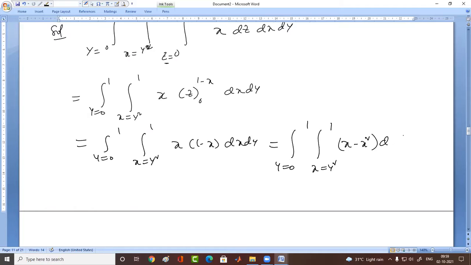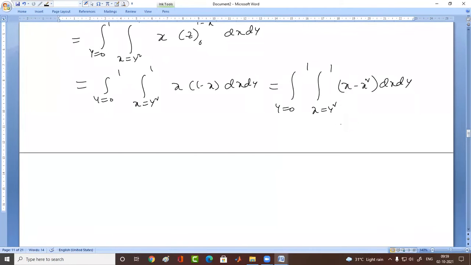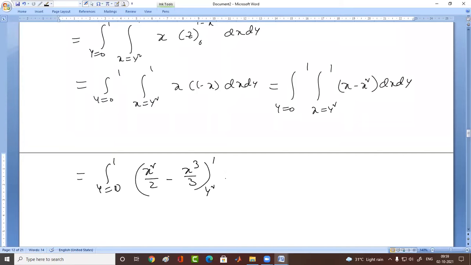Now integrate first with respect to x, then integrate with respect to y. X integration is x square by 2, x square integration is x cube by 3, limit y square to 1 dy.